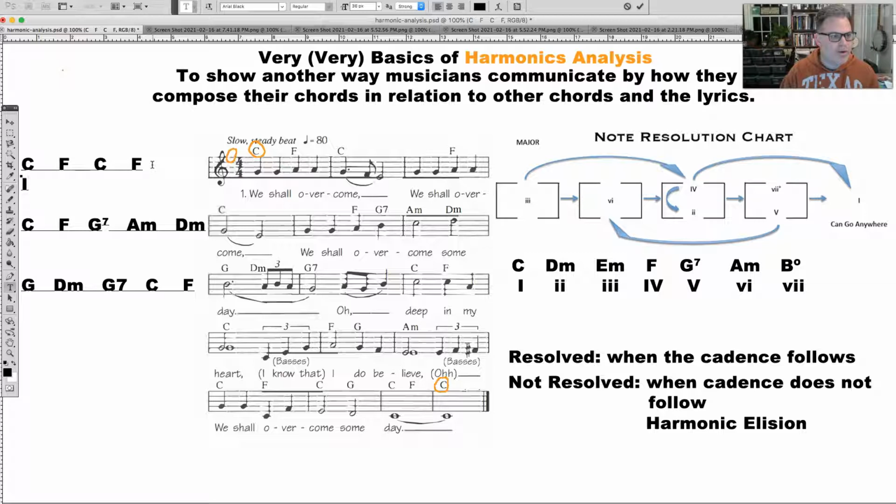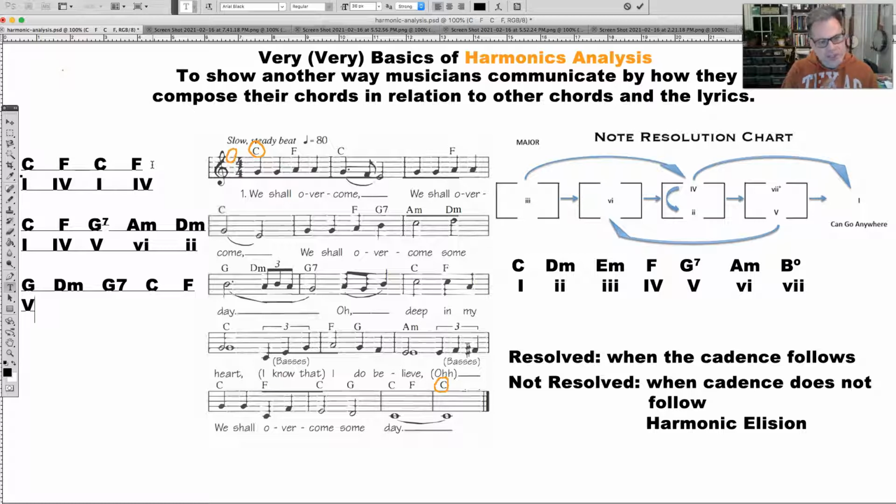So I have my 1, I have my 4, F is 4, C is 1, F is 4, C is, which one is it? 1, F is 4, G7 is 5, A minor is 6, D minor is... I'm sorry, D minor is 2, G is 5.